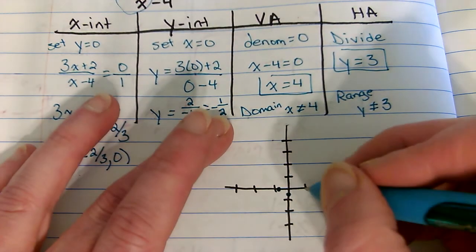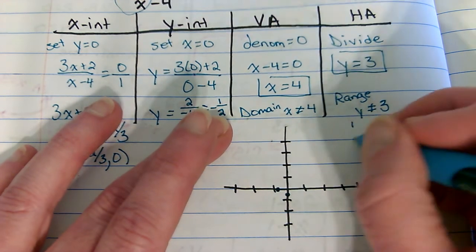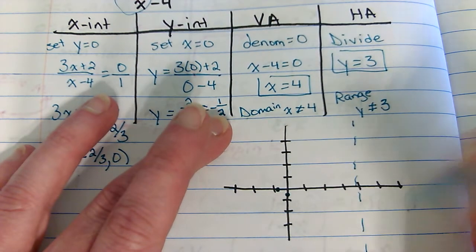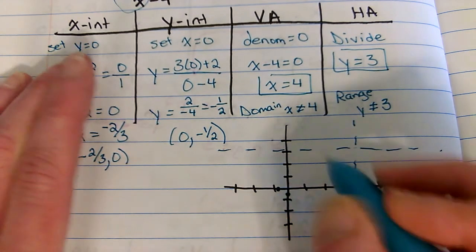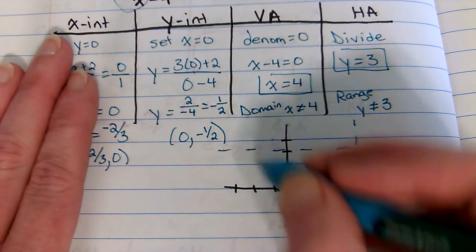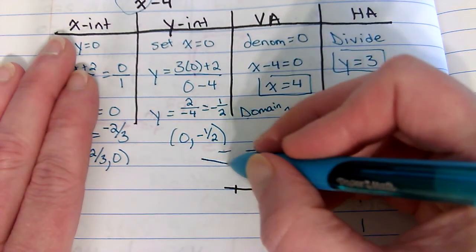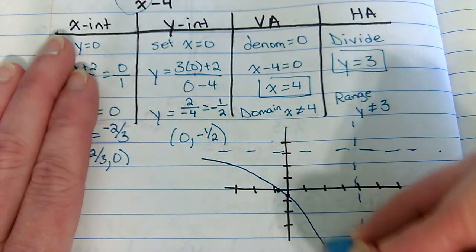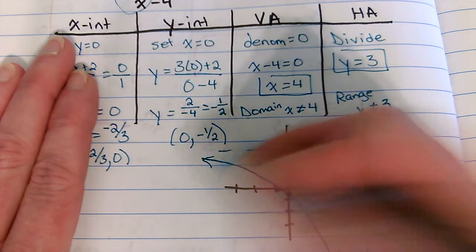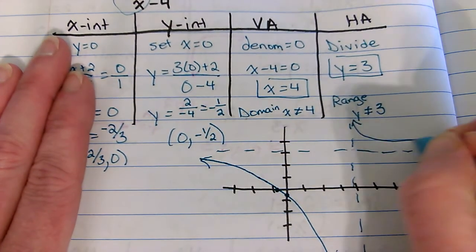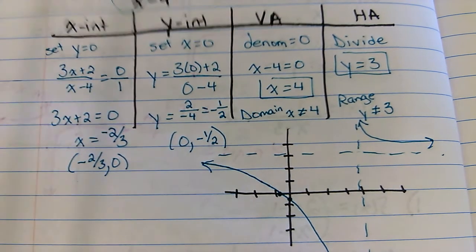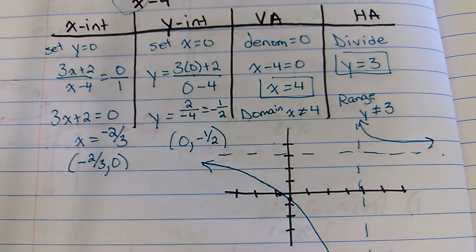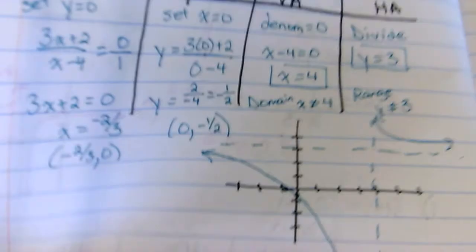Vertical asymptote at 4. Horizontal asymptote goes this way. So I know I got to go through those 2 points. And the other side is going to be catty corner. Let's do a couple more.